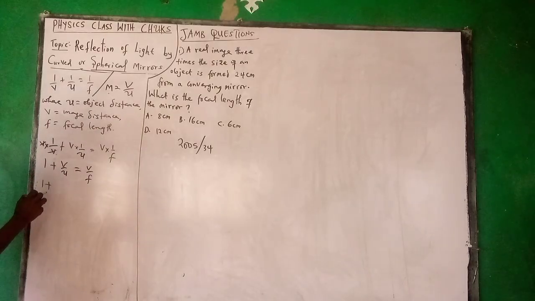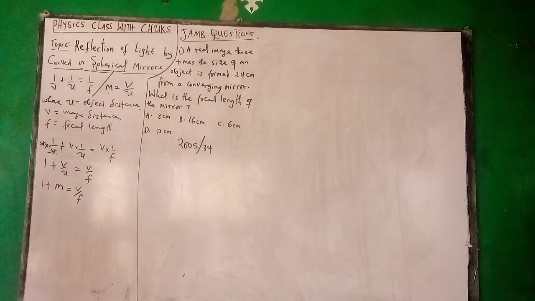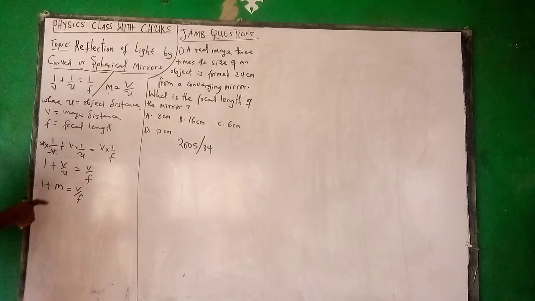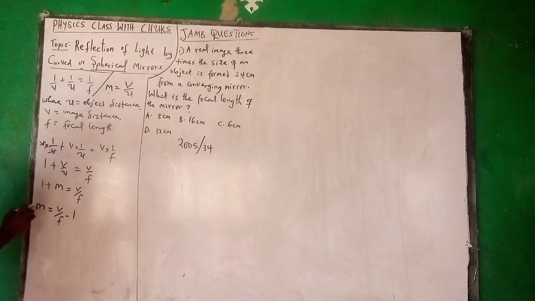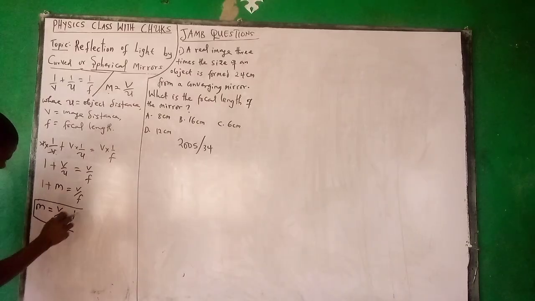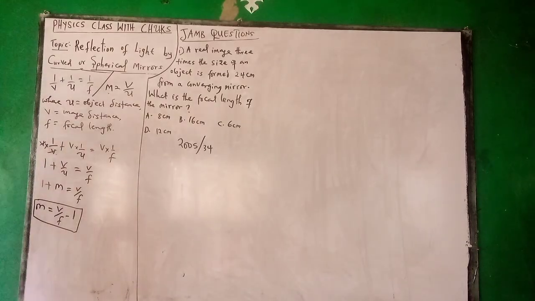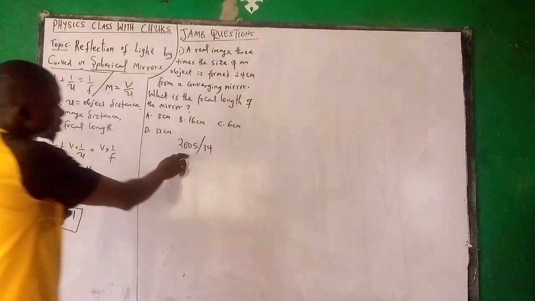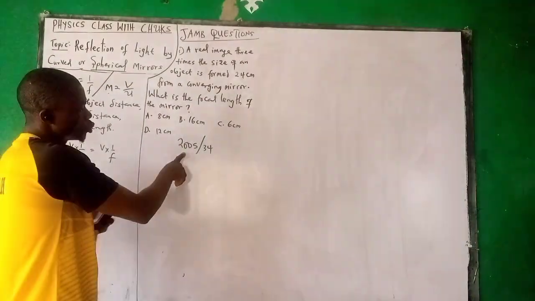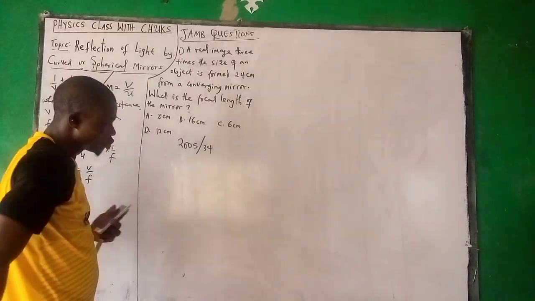So 1 plus M equal to V over F. Now, making this the subject of the formula, I have that M equals V over F minus 1. So this equation is also very, very important because there are questions that demand the use of this formula.